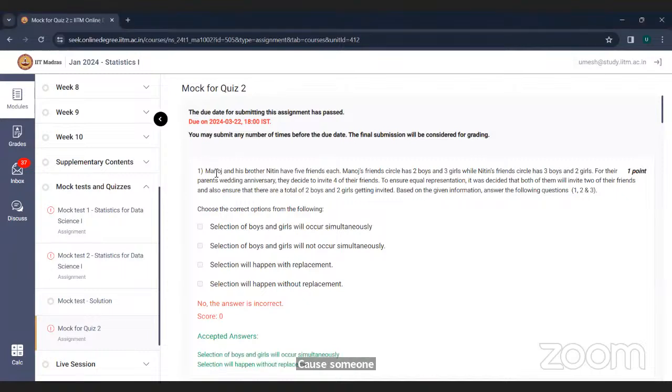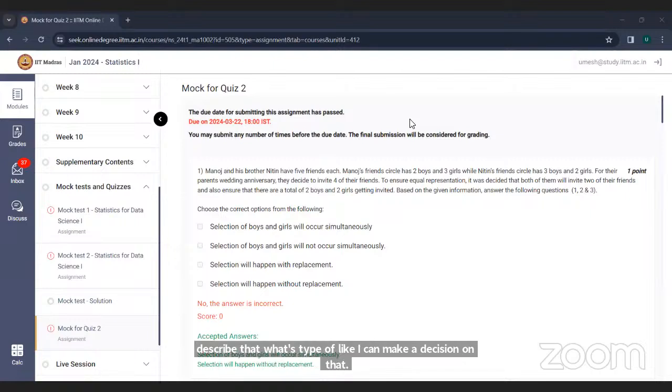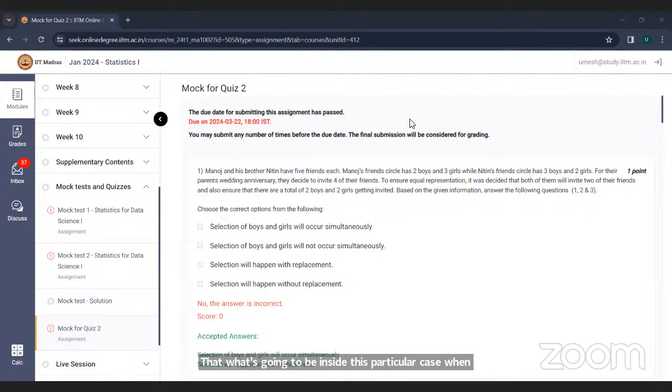So why is this simultaneous? When I'm considering any particular case, I can make a decision on what's going to be inside this particular case when I'm at it. So, independent.